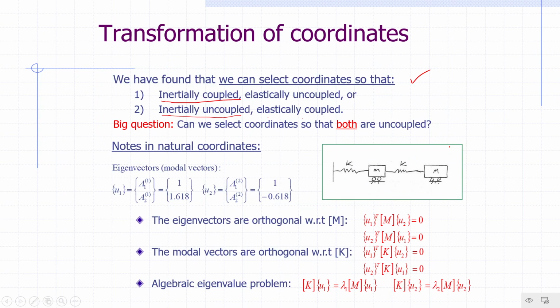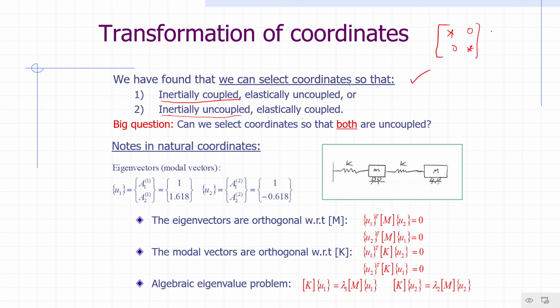Then, big question: can we select coordinates so that both are uncoupled? Both uncoupled means we can have a diagonal matrix times another variable.